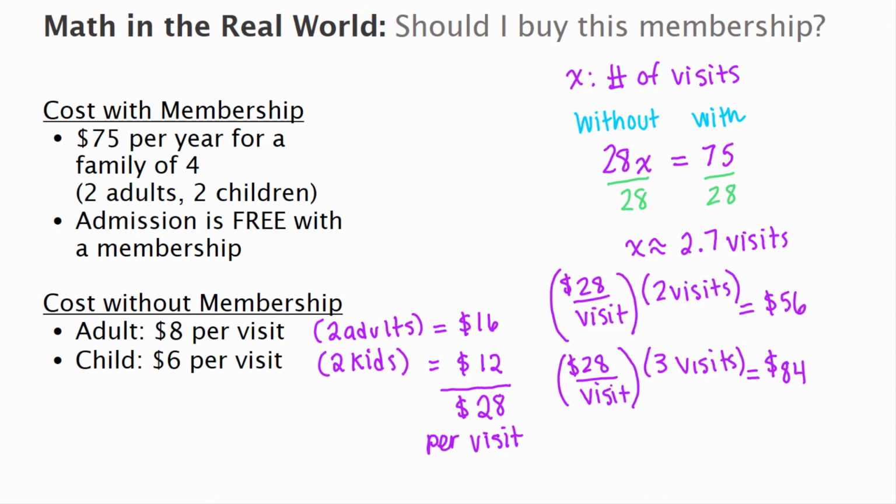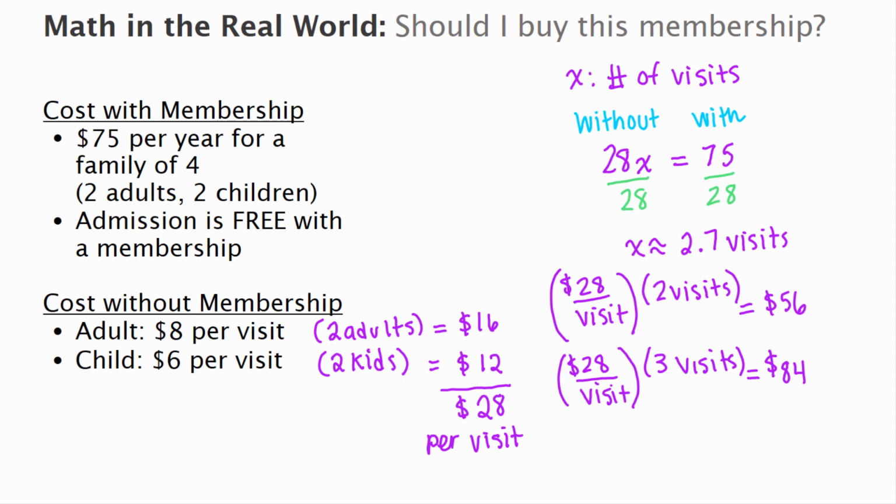So when I have 2 visits, I have $28 per visit times 2 visits, which gives me a total of $56. Now notice that if you only visit the Science Center 2 times, then it's not going to be good for you to purchase a membership because you would only pay $56 for not purchasing the membership.